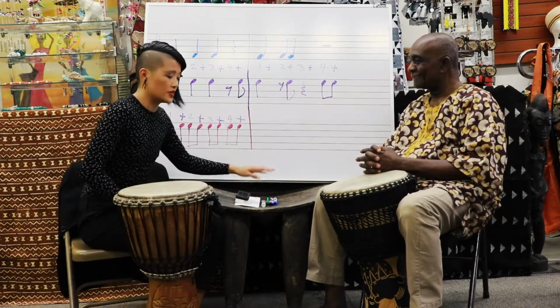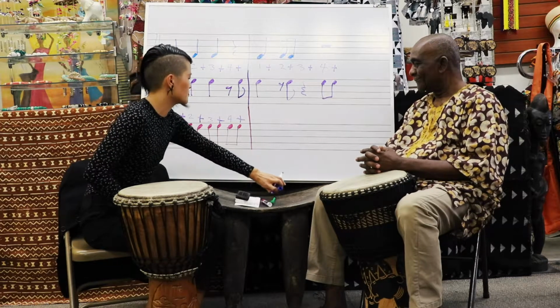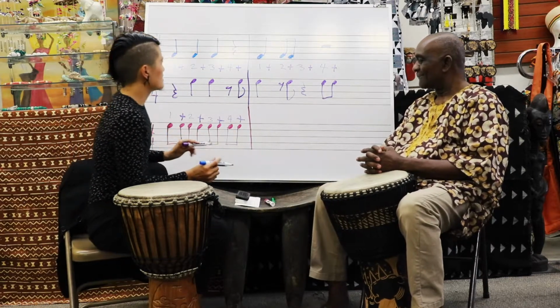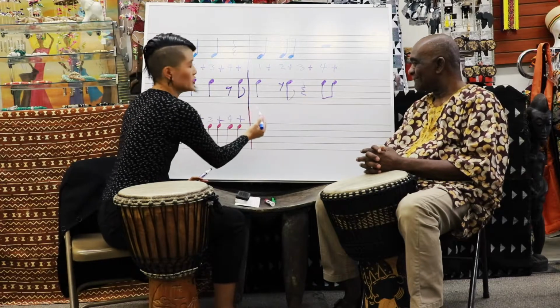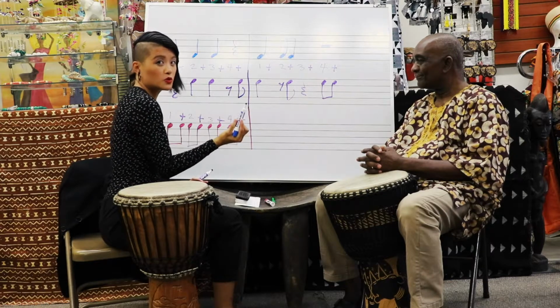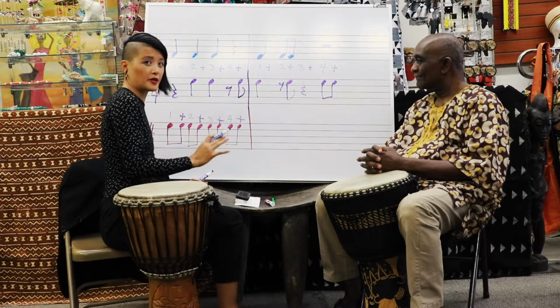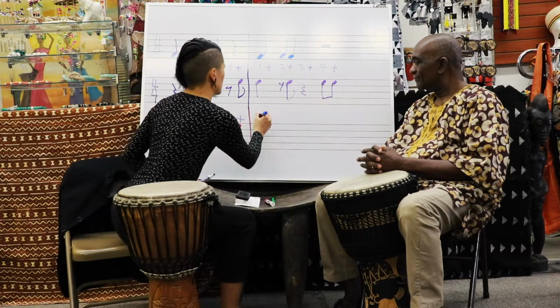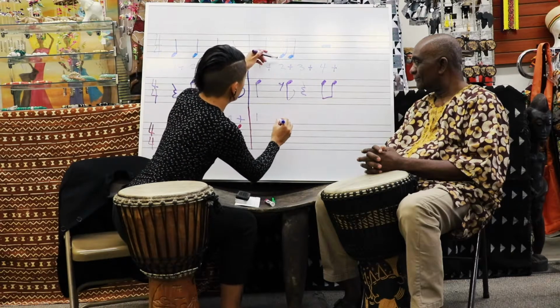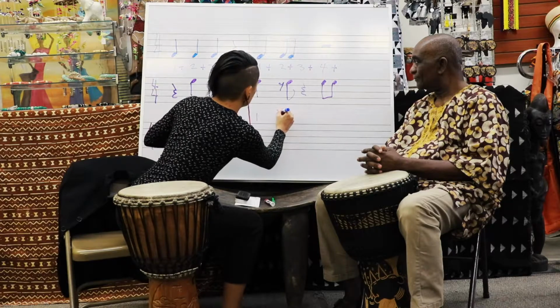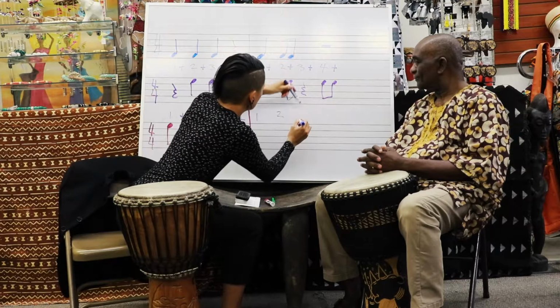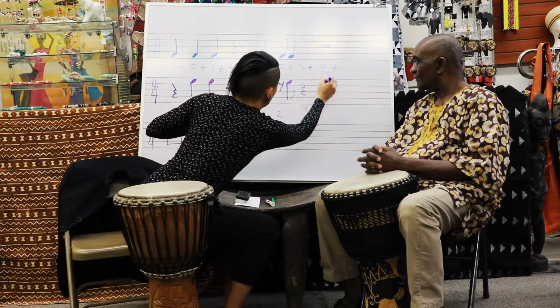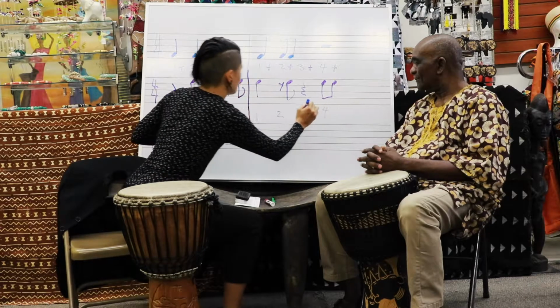So let's write out a triplet counting here. I'm going to write the main beats in blue. Again, those are the ones to really pay attention to. So 1, I'm going to really try to line them up here. Here's 2, 3, and 4.